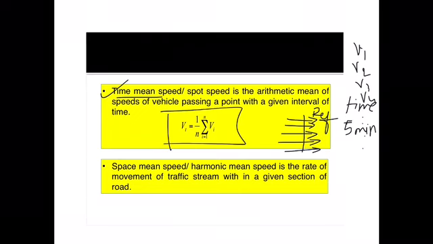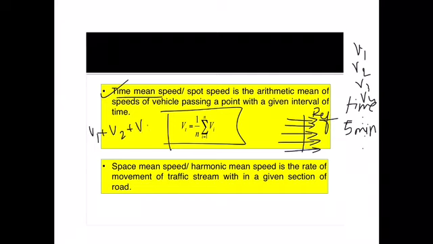Mathematically you can express it as 1 by n summation of Vi, that is, V1 plus V2 plus V3 up to Vn divided by n, the number of vehicles.